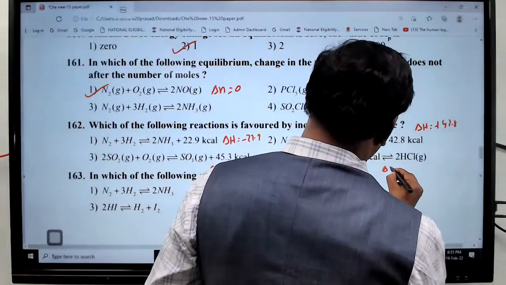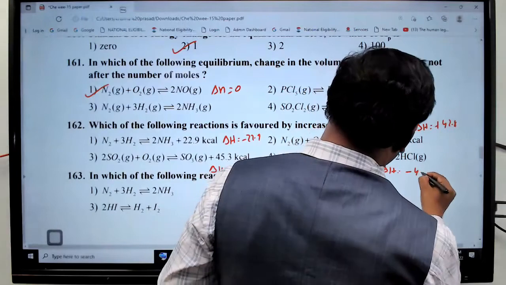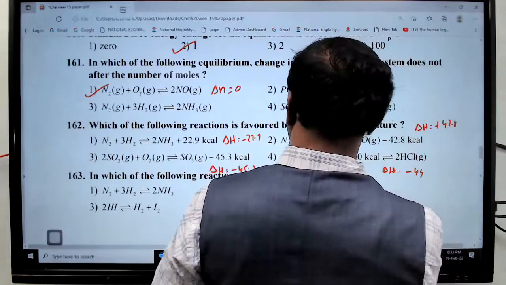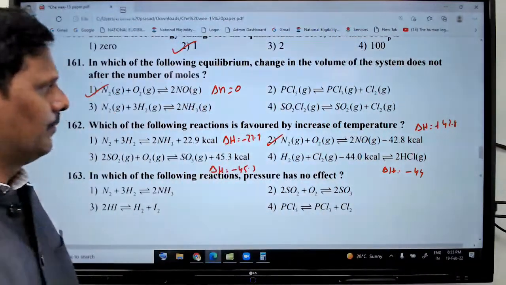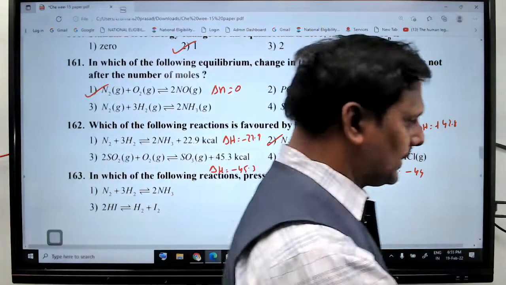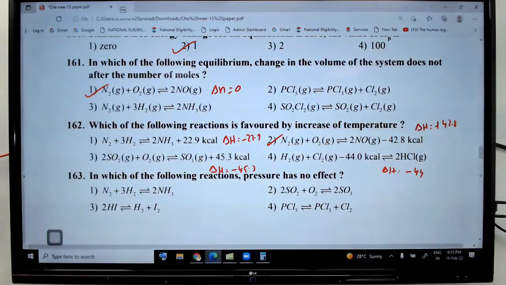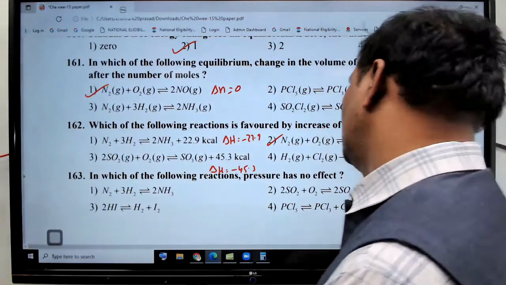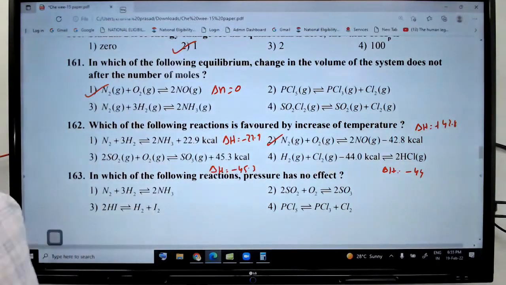Here also delta H is equal to minus 44. That means only one is an endothermic reaction.